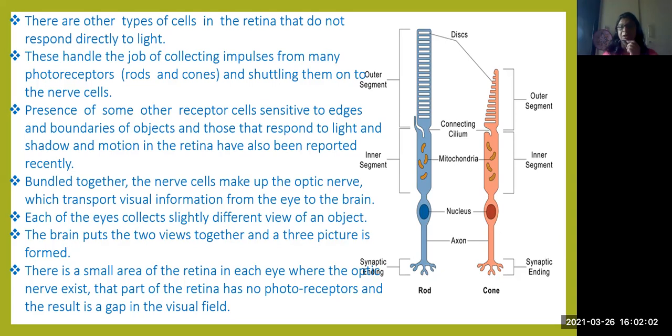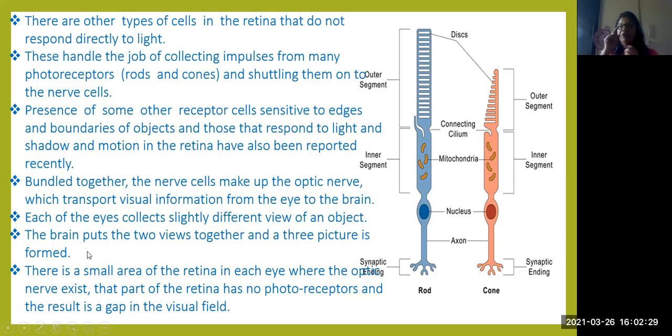And bundled together, the nerve cells make up the optic nerve. You know that the optic nerve carries the message from the eyes to the brain, and transports the visual information from the eye to the brain. Each eye collects a slightly different view of an object, and the brain puts the two views together, and a three-dimensional picture is formed.